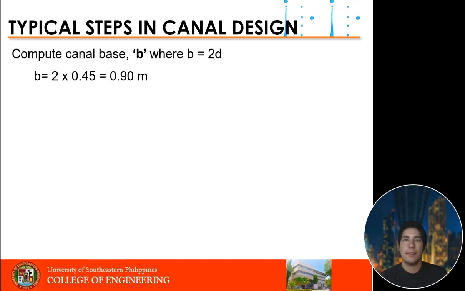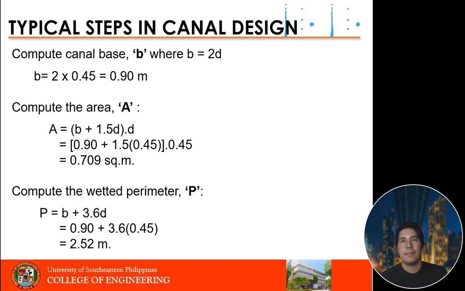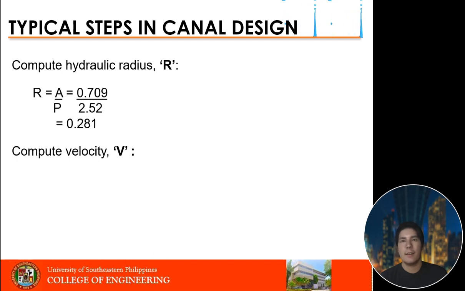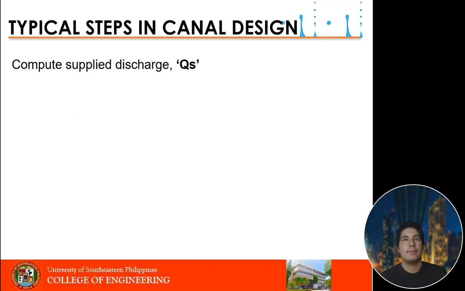So we can also compute our canal base, which is 0.9 meters. And we can also compute for the area and the weighted perimeter. And also we can compute for the hydraulic radius, which is 0.281. And we can now compute for the velocity, which is 0.343 meter per second.